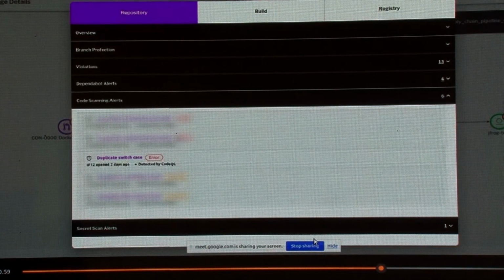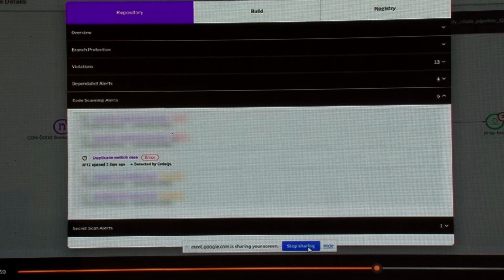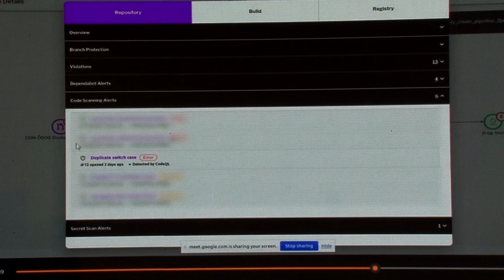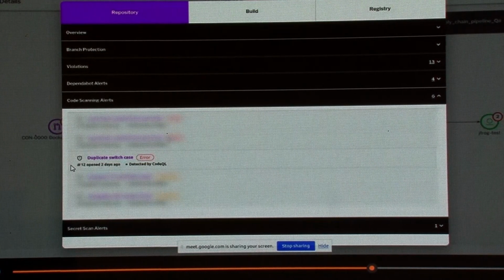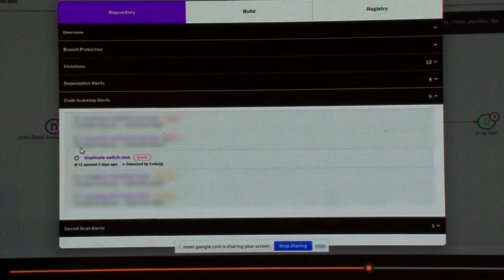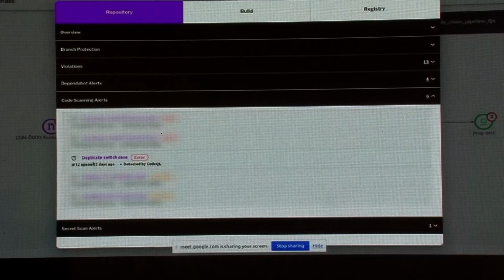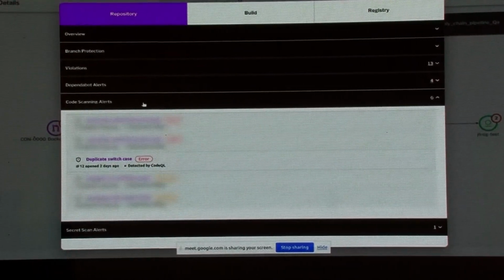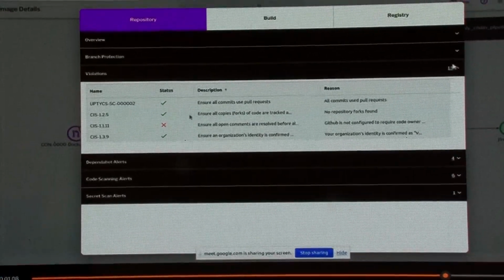If the GitHub repository has been configured, let's say with CodeQL scanning, you can see here that it was able to detect a duplicate switch statement. It gives you an alert that this PR had a duplicate switch statement. Again, we run some policies on this configuration data also, and you can see that 13 of them have failed.